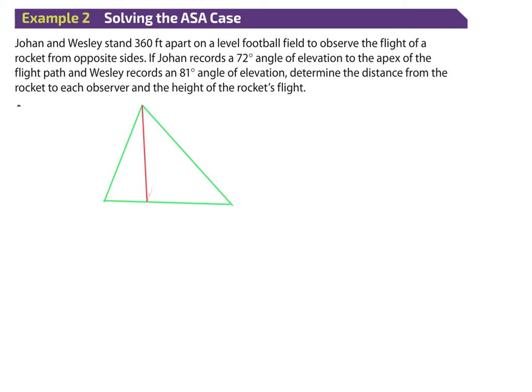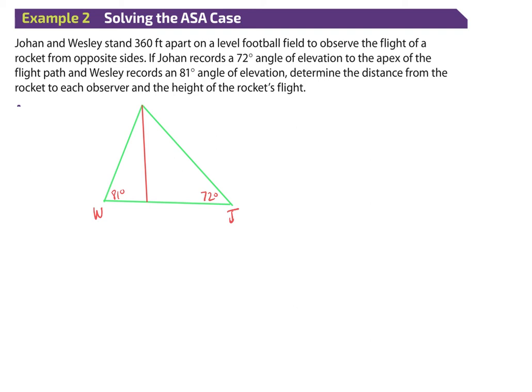And they drew it a little bit different than me, but that's okay. So we'll say this one is 72 degrees, which clearly it is not. And we'll say this one is 81 degrees. As you can see, I'm not exact here because those are not correct as far as angle measure. You do want to say that Johann recorded the angle of elevation to the apex at 72 degrees. Wesley recorded it at 81 degrees.